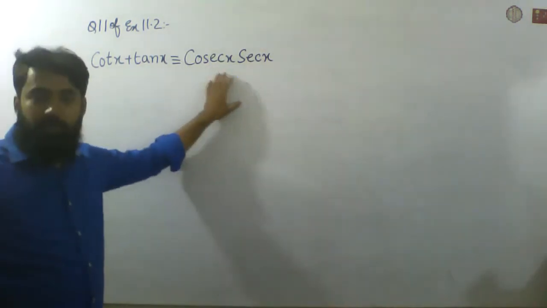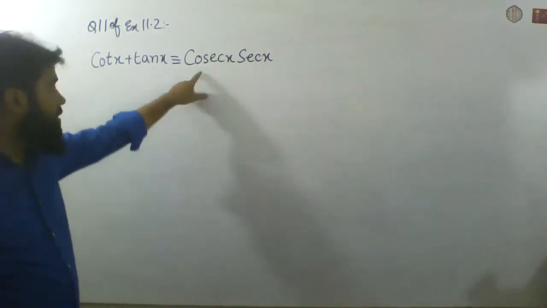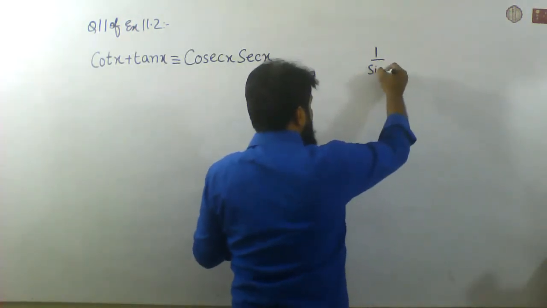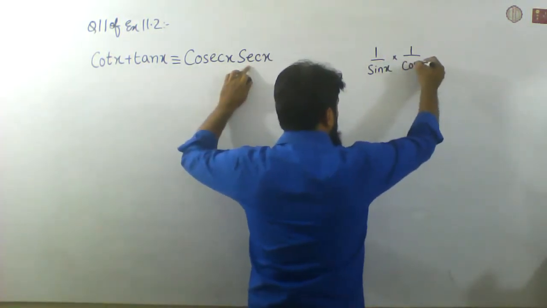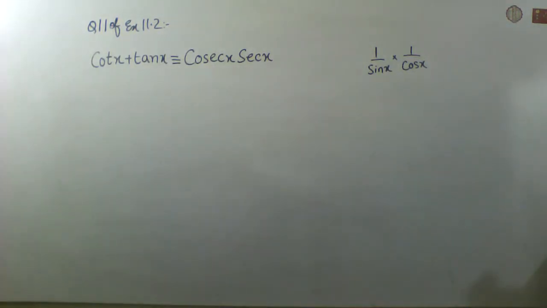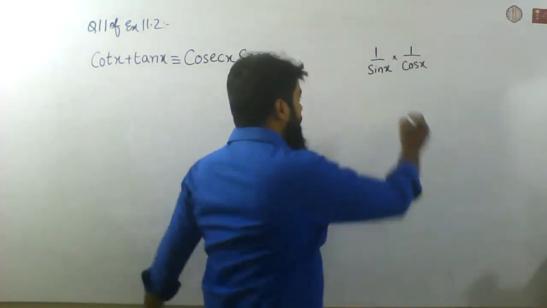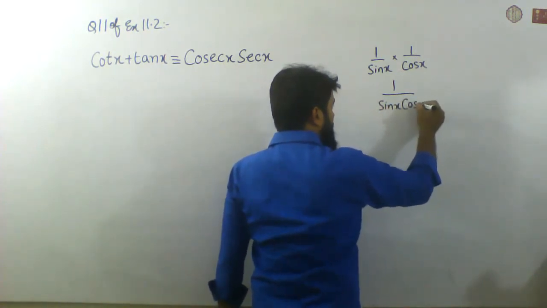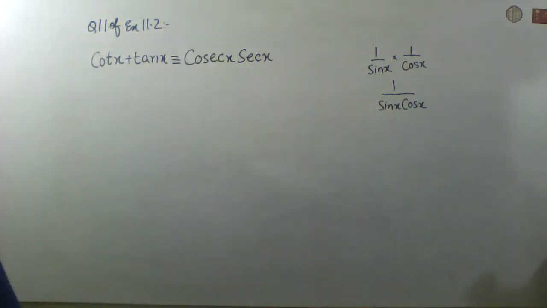But what I can do here is solve this side for a few steps also. Cosec x can be written as 1 over sin x, and sec x as 1 over cos x, as we know from the identities.